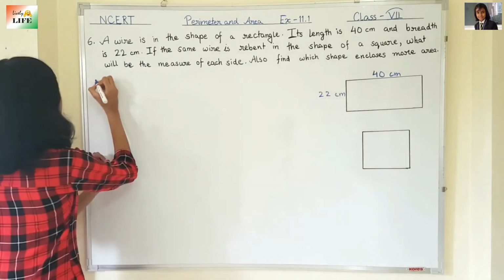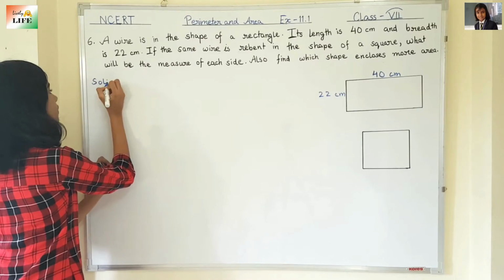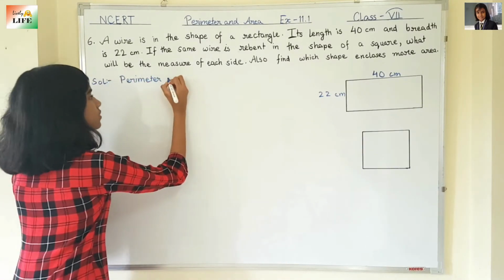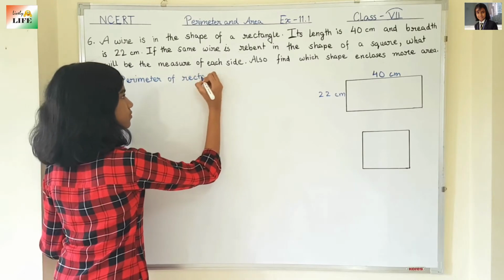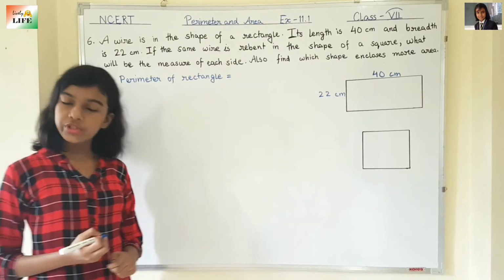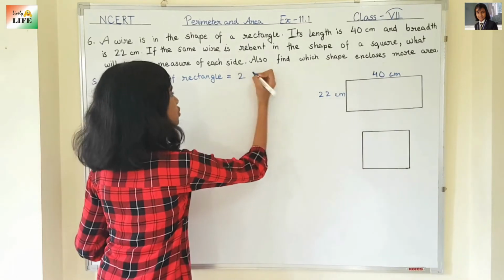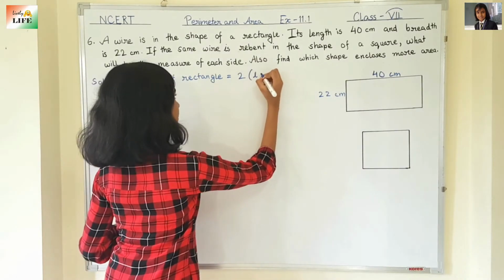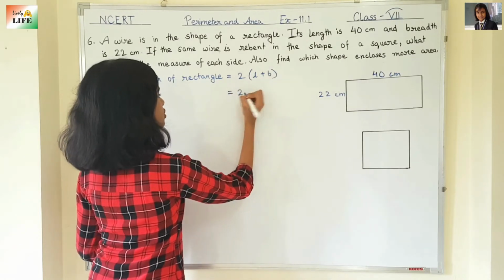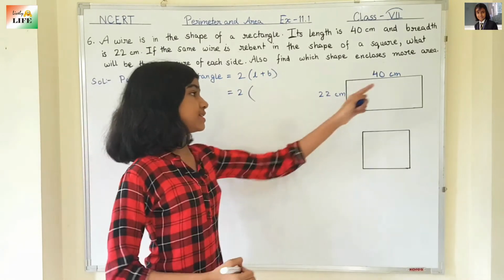So perimeter of rectangle. What is the formula of perimeter of rectangle? It is 2 into L plus B, means length plus breadth. What is the length?